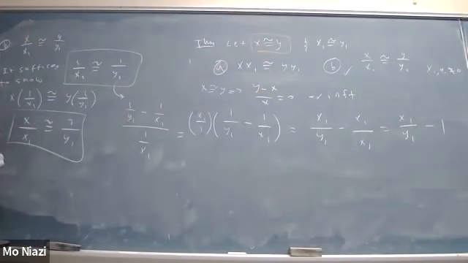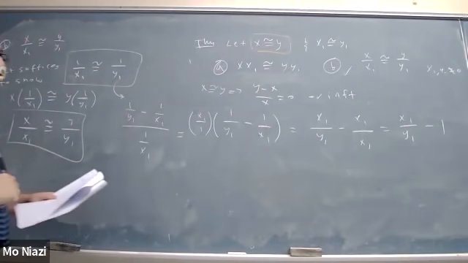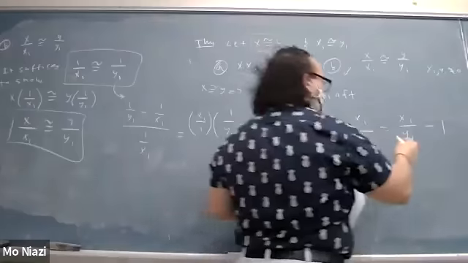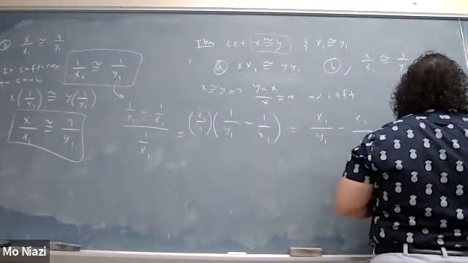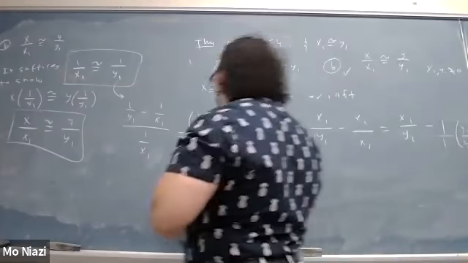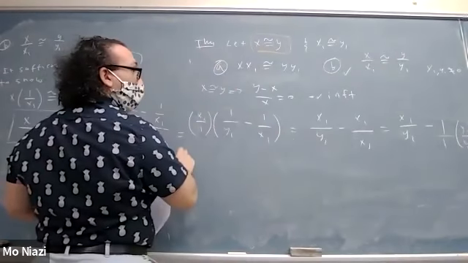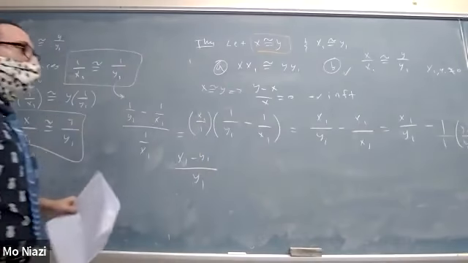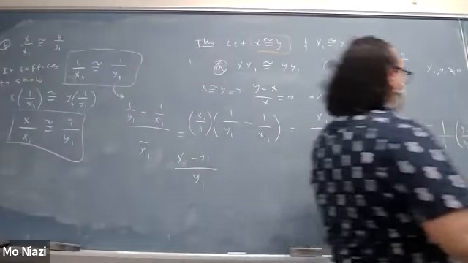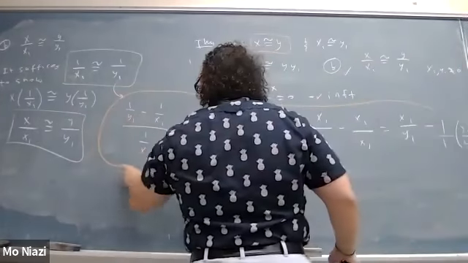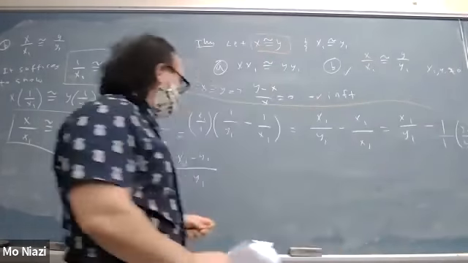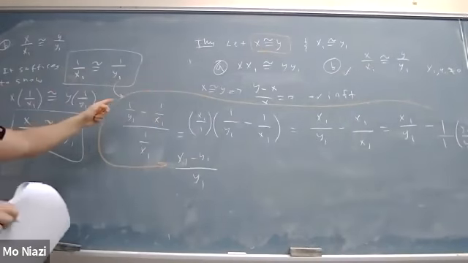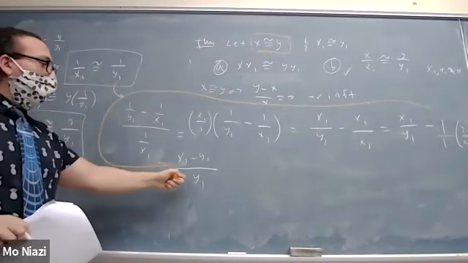So what's going on here? Notice that we can now multiply top and bottom here by y1 to have the same common denominator. So then I get x1 minus y1 all over y1 when we combine them under the same denominator. So we started off with this, and it's become this.